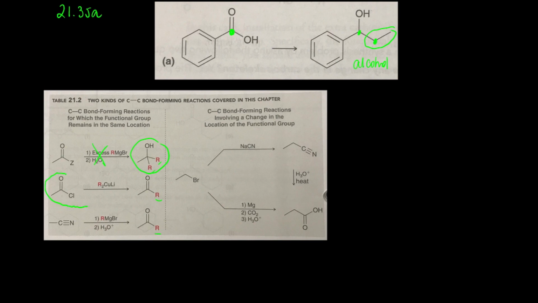Now, this reaction right here would be quite nice to give us a reaction useful and related to this problem. So what I would do is I would convert this to an acid chloride. Okay, we can do that by treating this with thionyl chloride. All right.